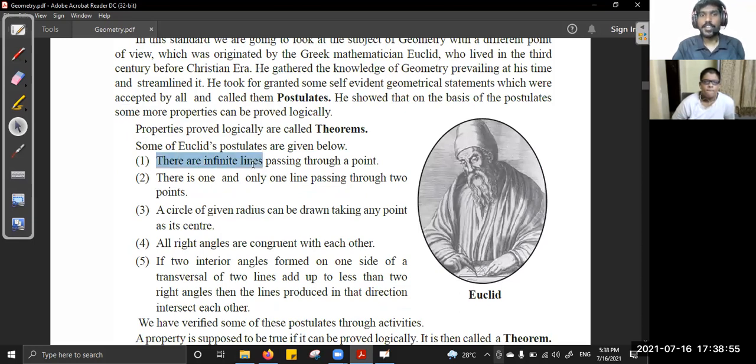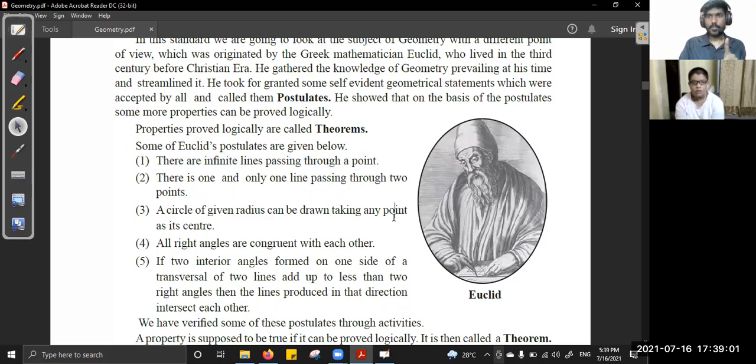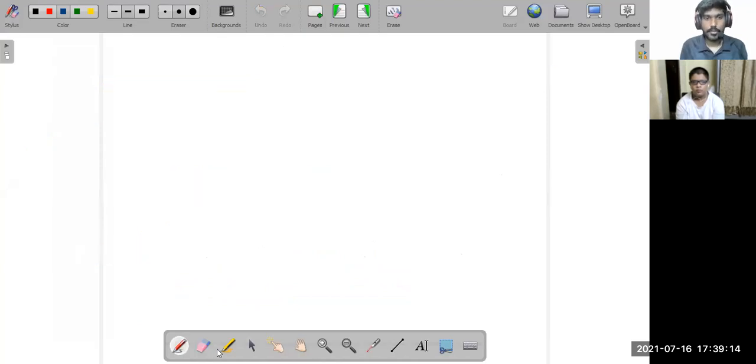The first one says there are infinite lines passing through a point. That means through one point, how many lines can you pass? The answer is infinite. Suppose you have a point. Through this point, how many lines can you pass?